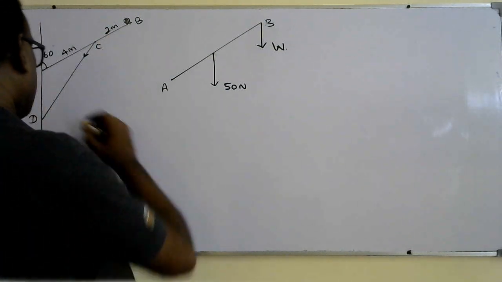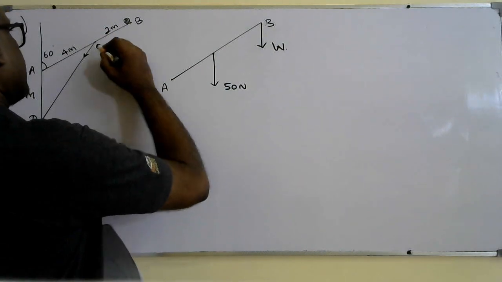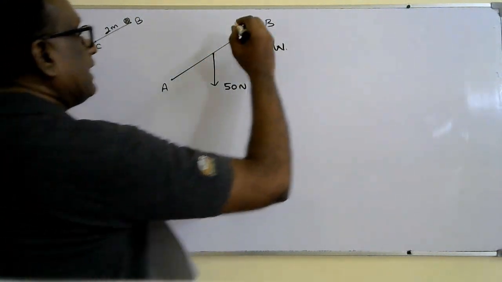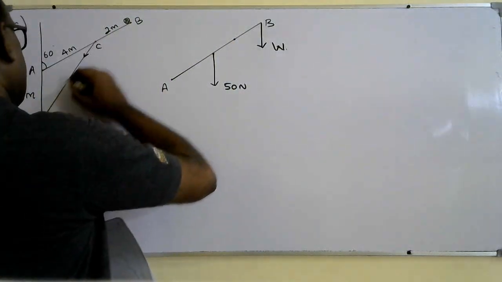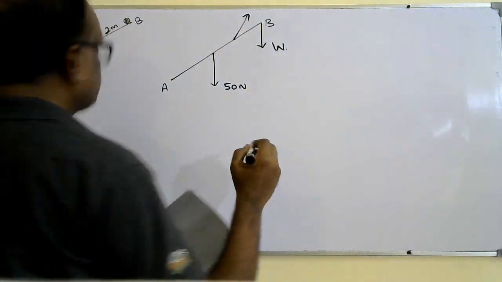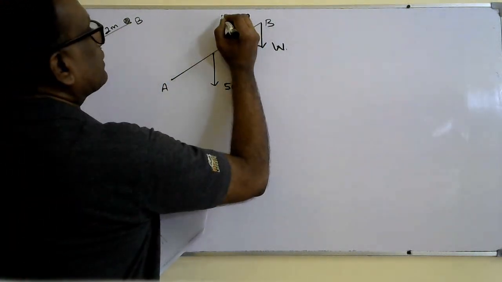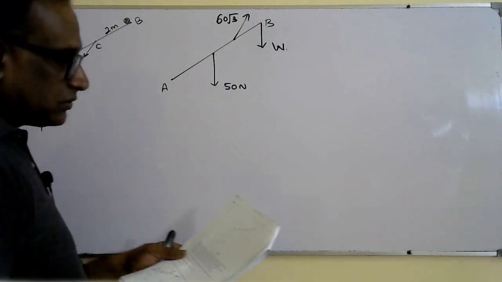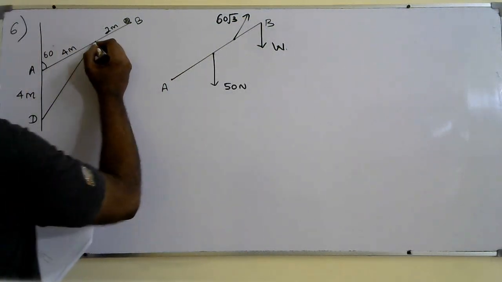According to Newton's third law, DC will exert the same magnitude of force at C, along the same line of action, which is 60 root 3. So that will be along the same line.